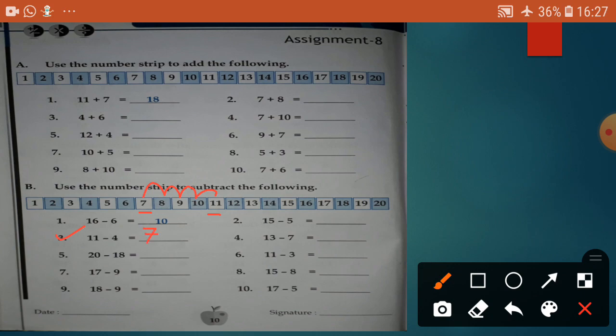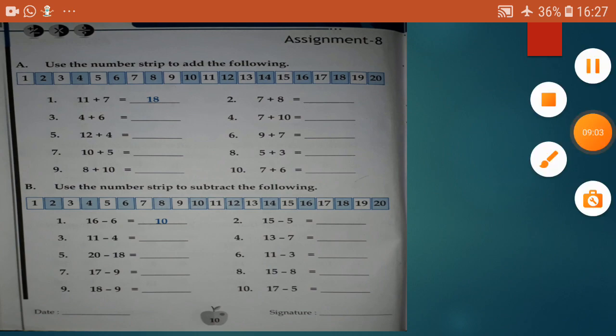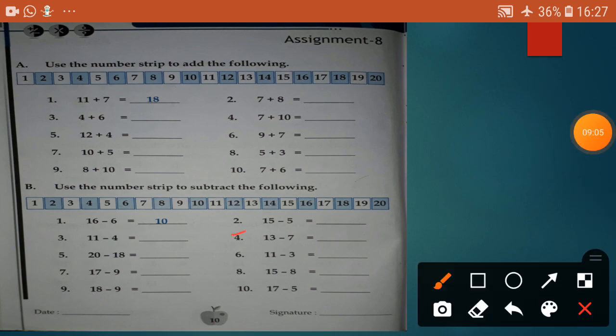Okay, question 4: 13 minus 7. Where is 13? Yes, minus 7. So you go back 1, 2, 3, 4, 5, 6, 7. So your answer is 6.